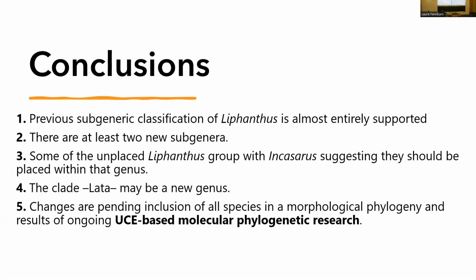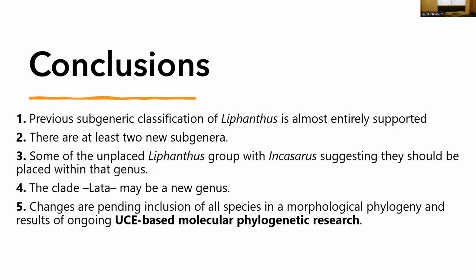And so I just want to finish with my conclusions. My tree agrees with the previous subgeneric classification of Liphanthus almost entirely. We have also noticed in our tree that there are at least two new subgenera, and some of the unplaced Liphanthus group with Incasaurus, suggesting that they should be changed to that genus.